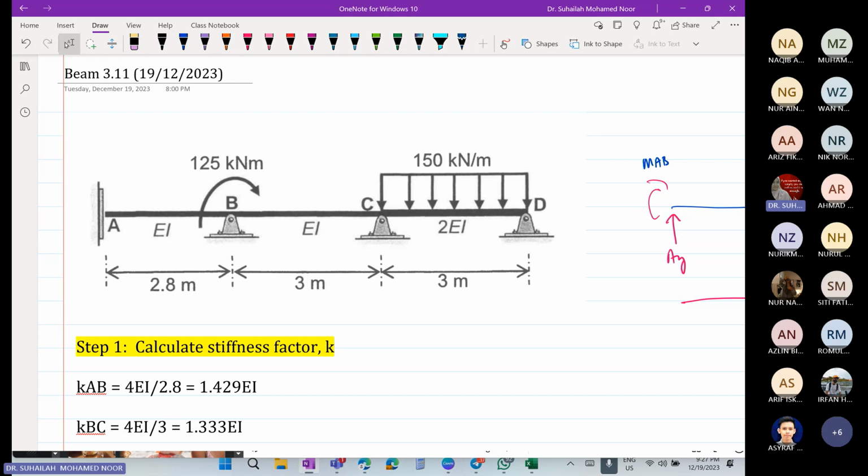I normally find students who just use all 0.5, ignoring the end condition of the beam. So when we have a beam like this, one end is roller, one end is pin, be careful with K, because K for pin and roller is 3EI over L, and be careful with the carryover factor because the factor is not 0.5, it is 0. Other than that, it is the same.